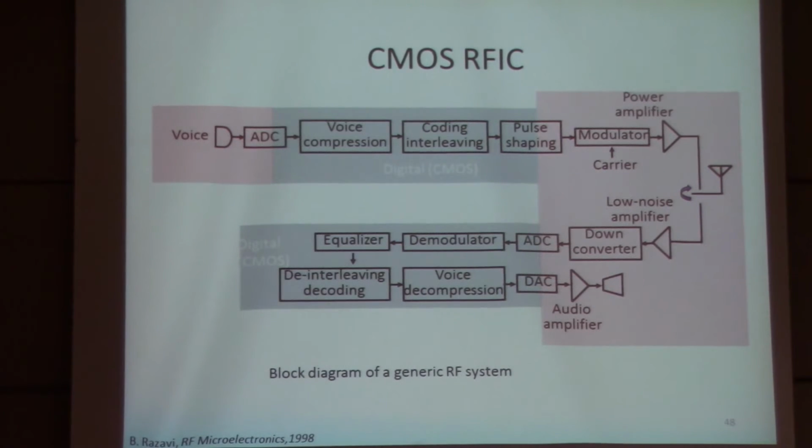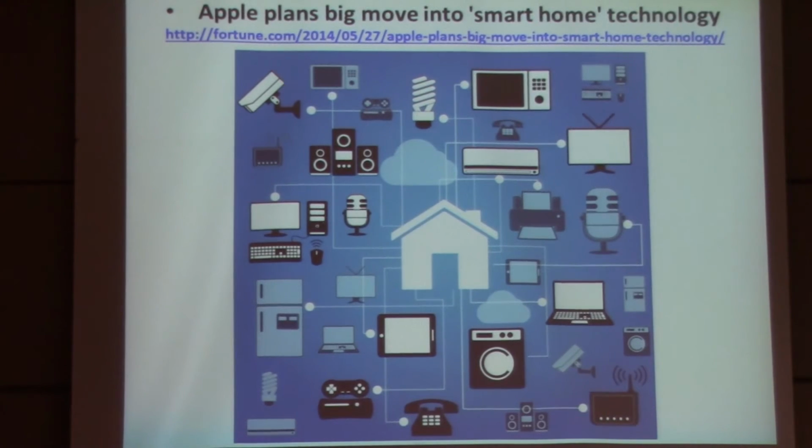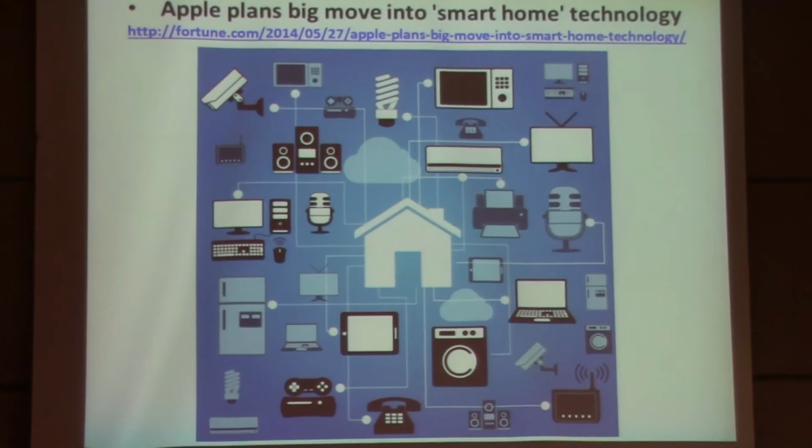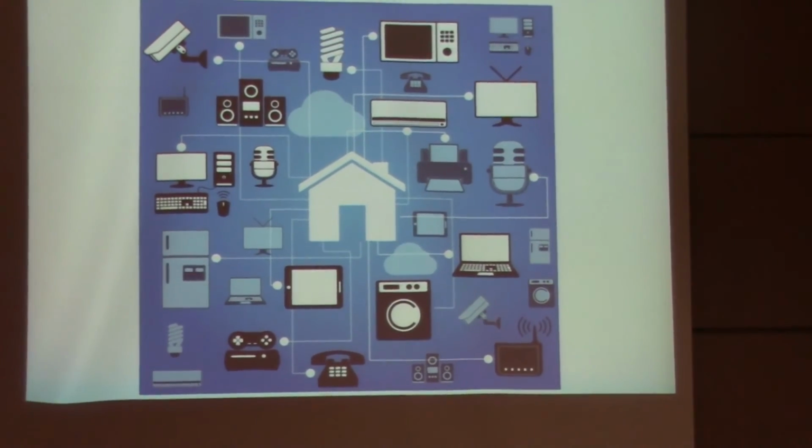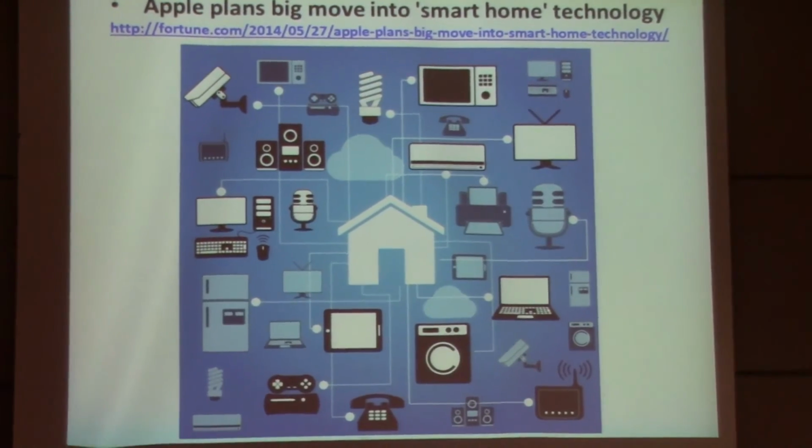I think this is my last slide. From that, you can build very inexpensive consumer products and help change the world again, right? So this is my last slide. Thank you for your attention.